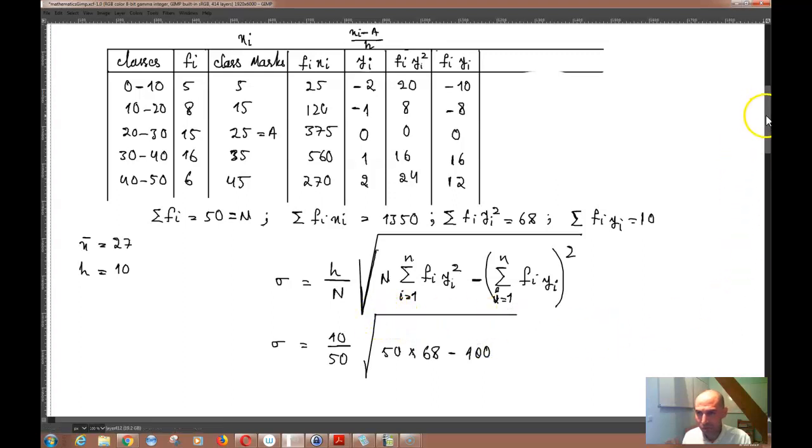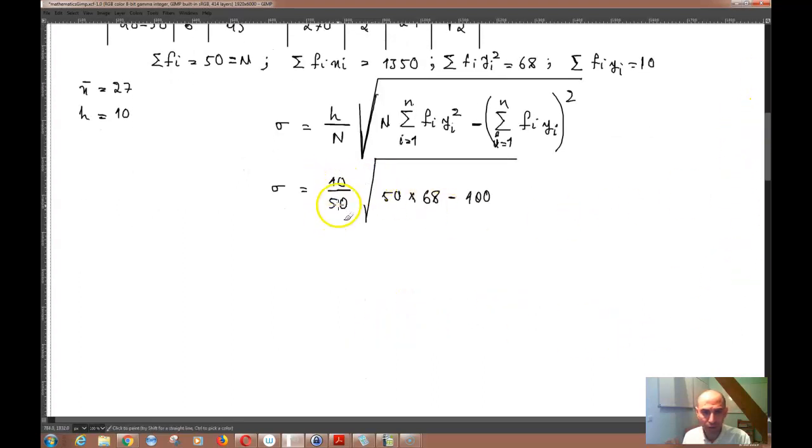That is 10 over 50, which is 1 over 5, times the square root of 50 times 68 minus 100, which is 3400 minus 100.